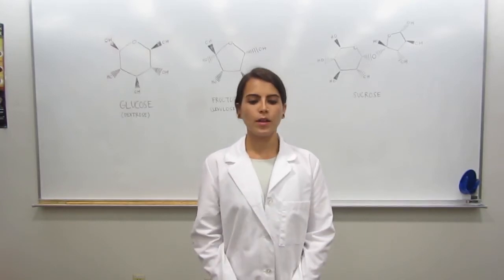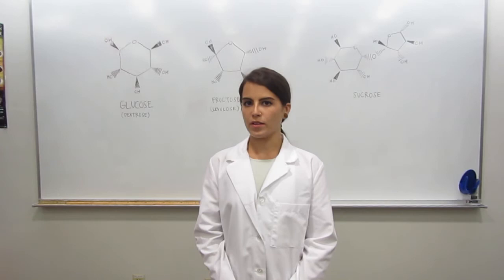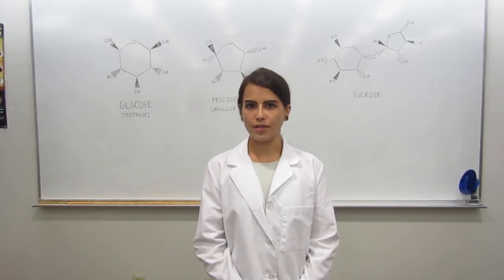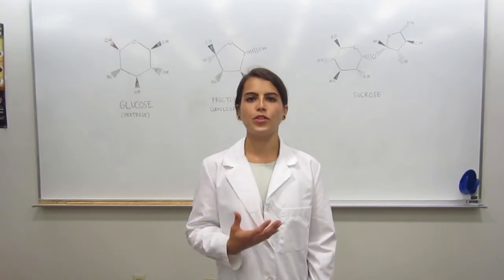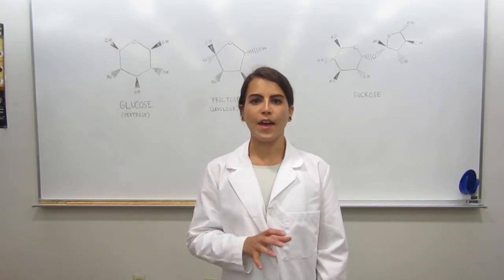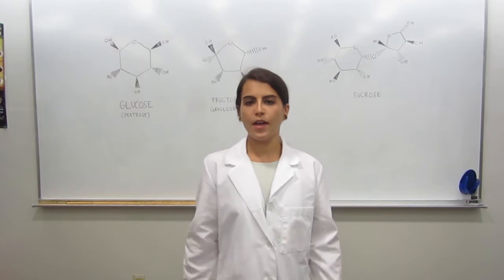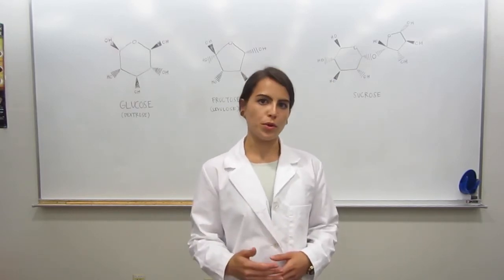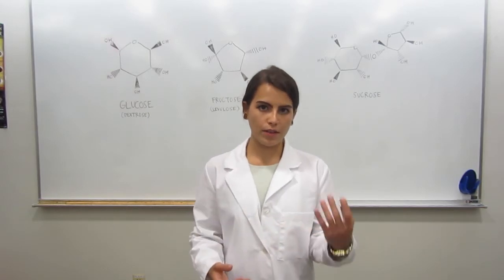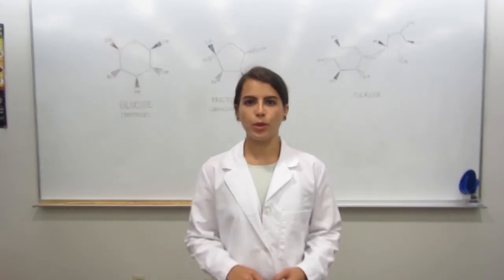Once the honeybee goes back to the hive, the home bees, as the beekeepers call them, take in the regurgitated nectar and continue breaking down more sucrose into the monosaccharides glucose and fructose.